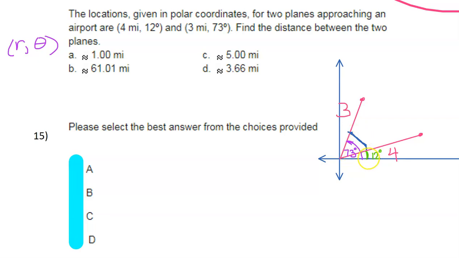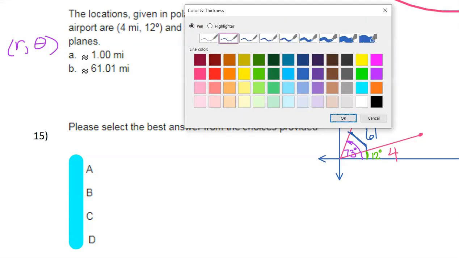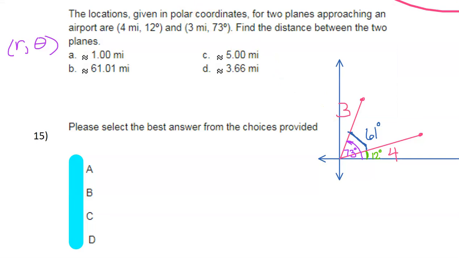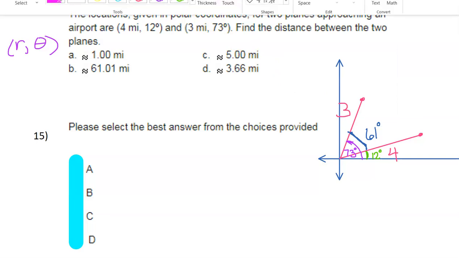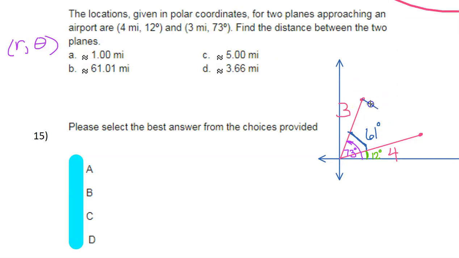So 73 minus 12 is 61. So the angle between is 61 degrees. We are supposed to find the distance between these two, and that distance would be this blue distance right here. So let's go ahead and call that x.